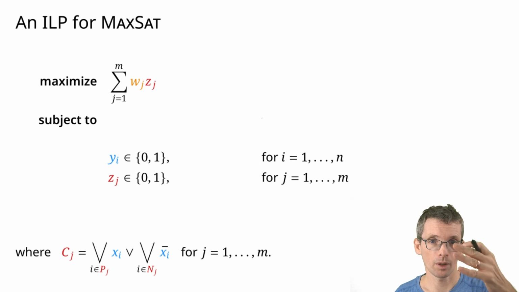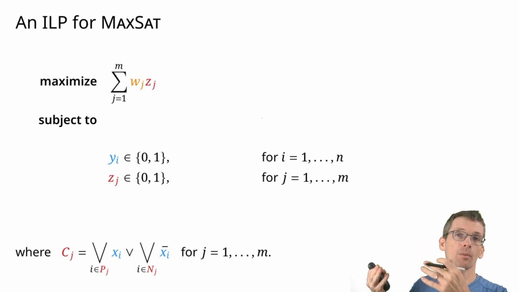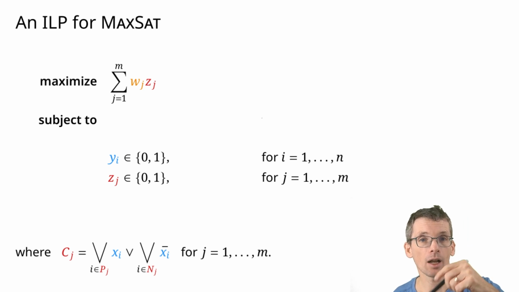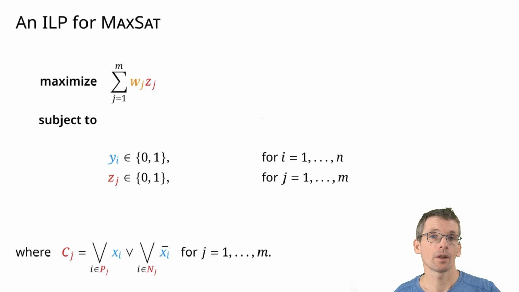So then the objective function is simply to maximize the sum of wj times zj. And this is subject to the constraints that zj is actually only allowed to be 1 in the sense that there is actually a variable in that clause that satisfies it, and we can achieve that in the following way.